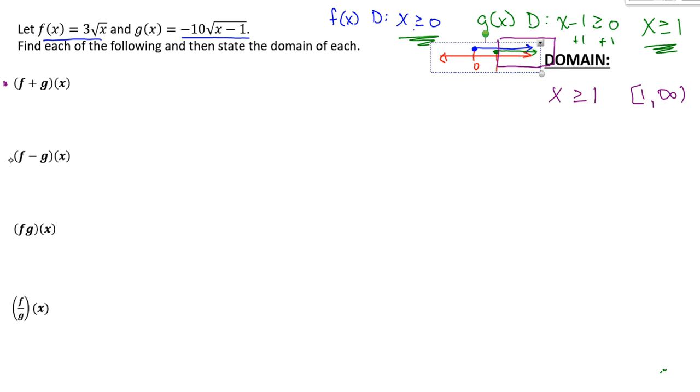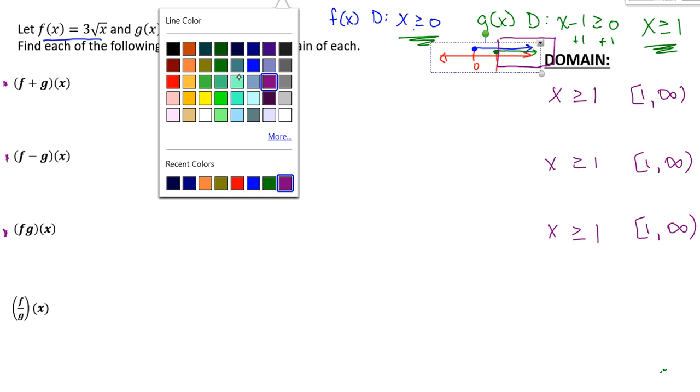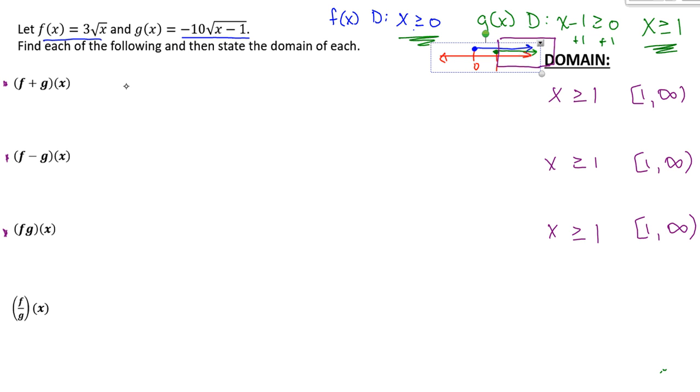Remember, for f plus g, f minus g, and f times g, they're all going to be the same. It's only when we get down to division that stuff changes. Okay, let's write these in really quick. F plus g is 3 square root of x plus negative 10 square root of x minus 1.